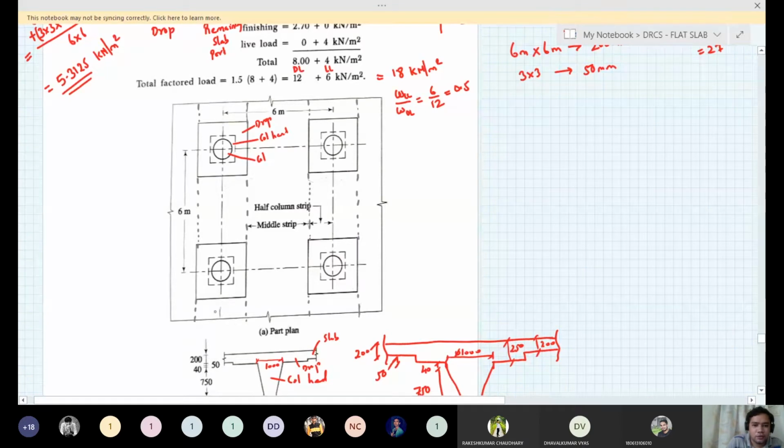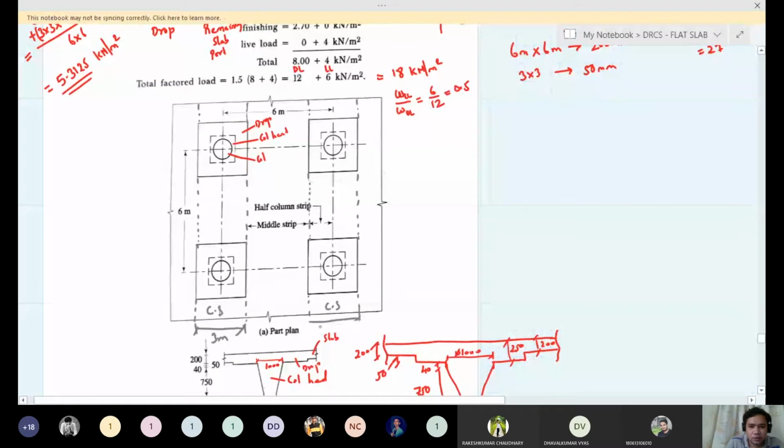So this is your column strip, this is also a column strip. The width of the column strip is the width of this drop panel, so it is 3 meter. This is also 3 meter, and the total is 6 meter.